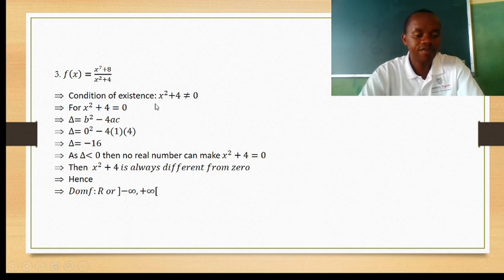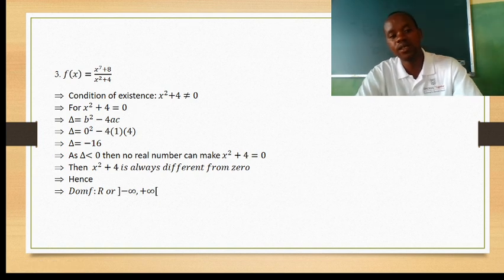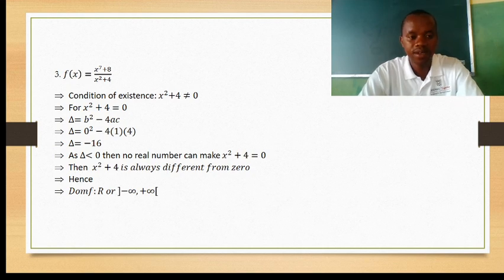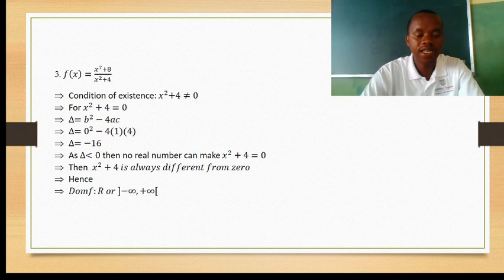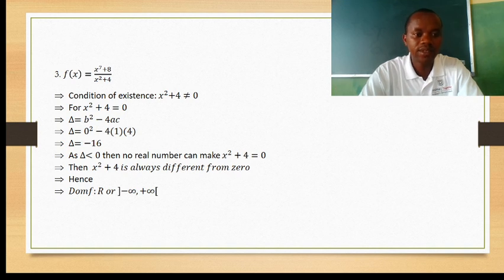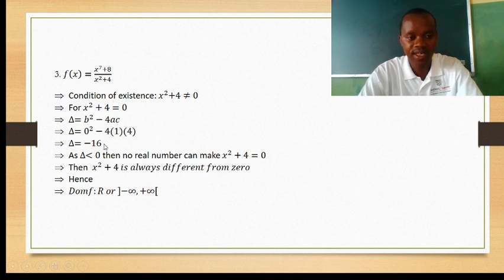We are going to find out if there are values which make the denominator part equal to 0. You can use any way, grouping, delta, factorization, and so on. But for this example, we have chosen to use the delta, and we have calculated it, and then we found that it is equal to negative 16.